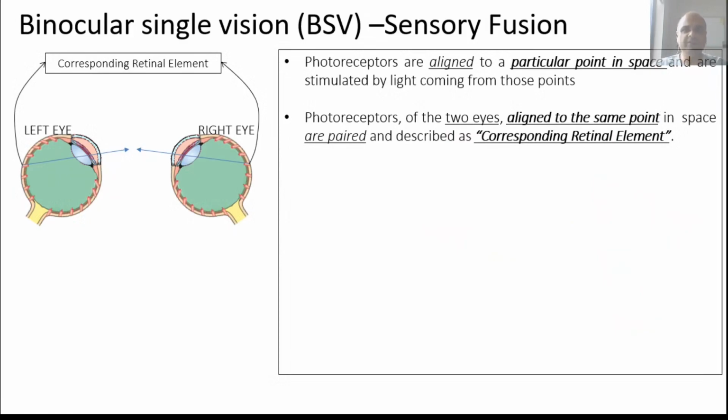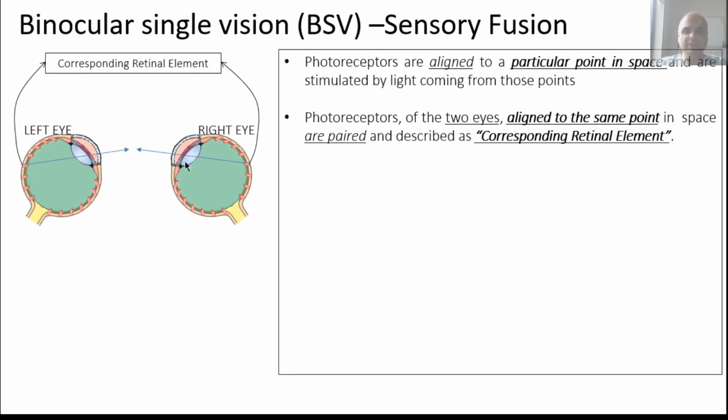To understand sensory fusion, the first thing we need to understand is that the photoreceptors, in this picture shown by these cylinders in both eyes, are aligned to a particular point in space. Obviously there are many, many more photoreceptors than are shown in these pictures, but I'm sure you get the point. That means they each have a specific direction, and these photoreceptors always point in that direction. For example, these two photoreceptors in the right and left eyes, respectively, are pointing here and here.